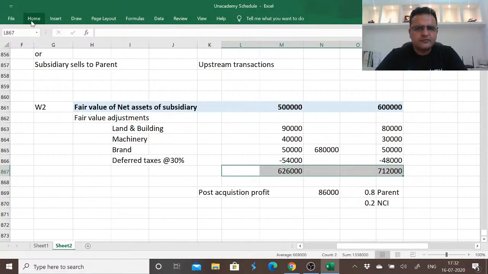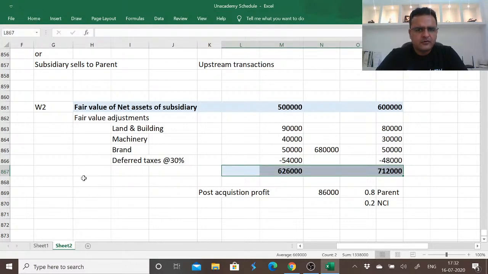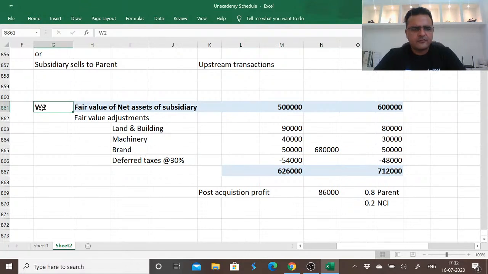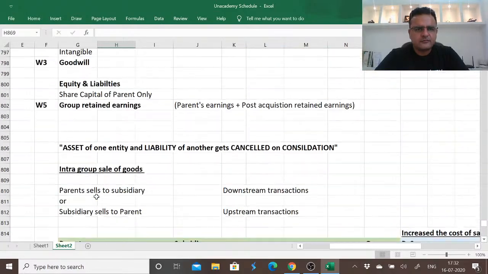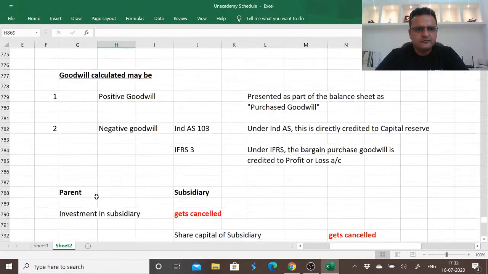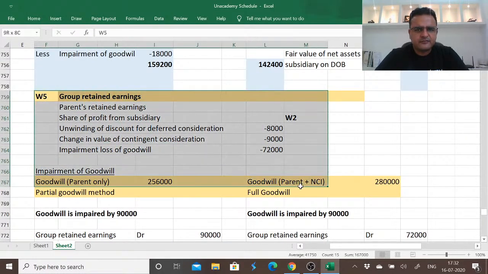And the second is working note number 5, group retained earnings.